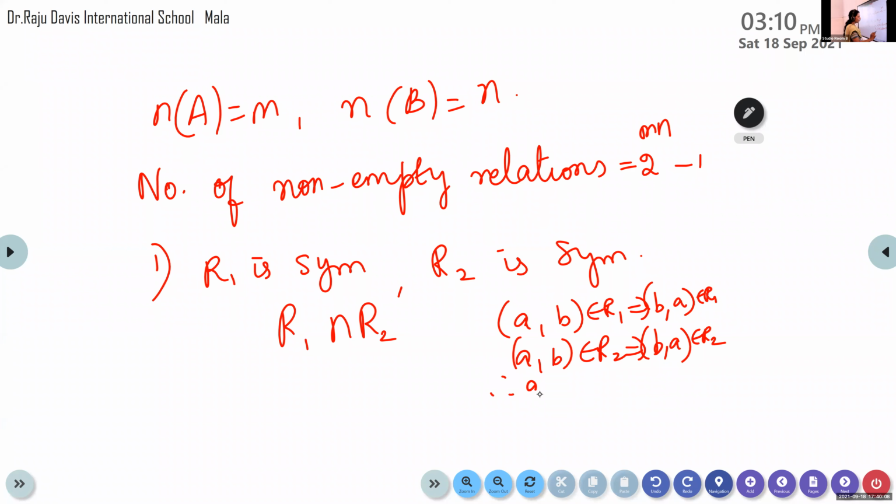Therefore, A comma B belongs to R1 intersection R2 implies B comma A also belongs to R1 intersection R2. So intersection is symmetric, but union need not be. Union may or may not be, because we don't know whether it will belong or not. But intersection, surely it will be there.